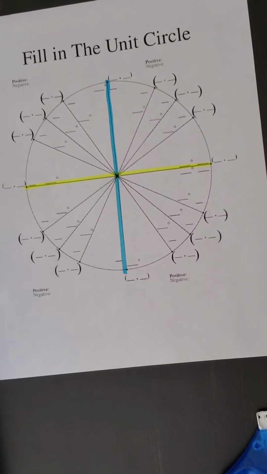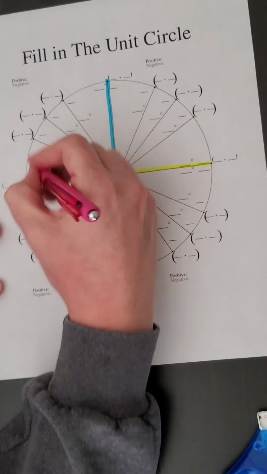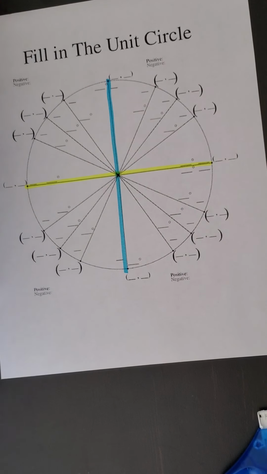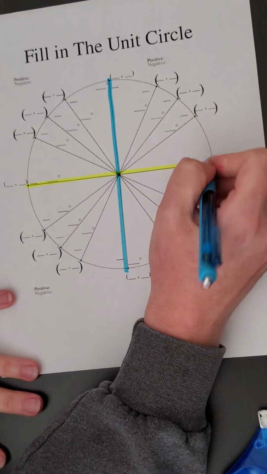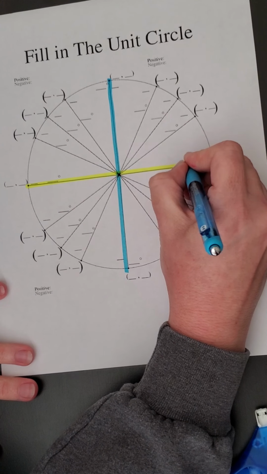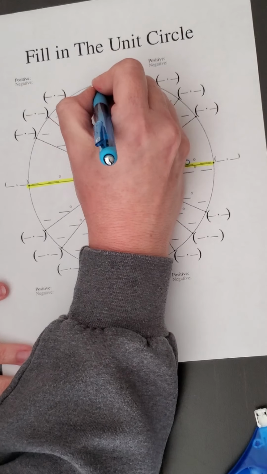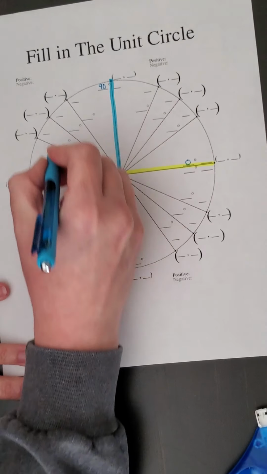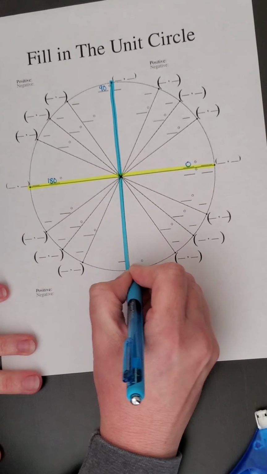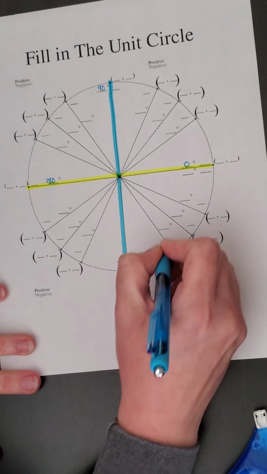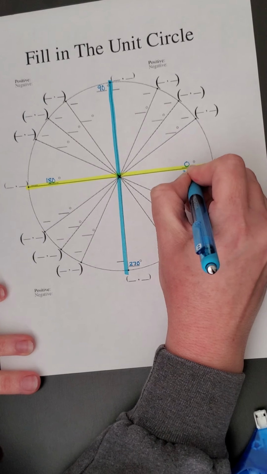And this time we're going to be ignoring the pink ones that I was putting in before, and we're going to be using increments of 30 degrees. So again, with our degrees, this is 0 degrees, this is 90 degrees, this would be 180 degrees, 270 degrees, and then 360 degrees.